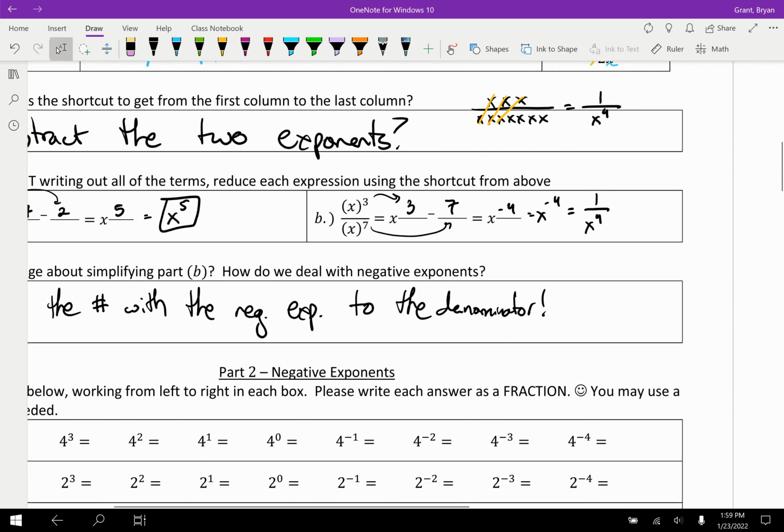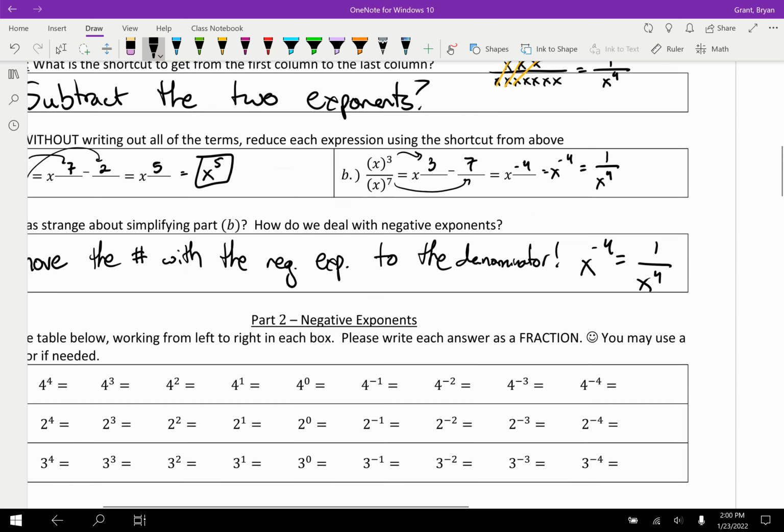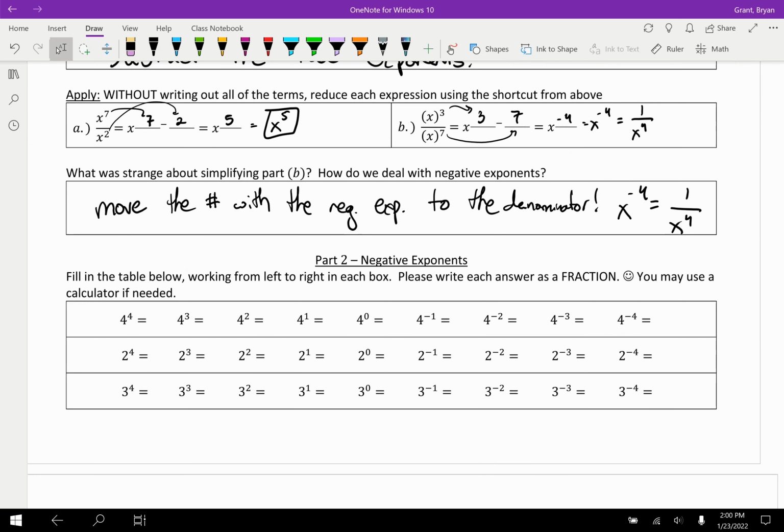And so far, you'd be right. X to the negative 4th, technically, this is over 1. It's in the numerator. We move it to the denominator, and now it becomes positive, right? That's all we need.